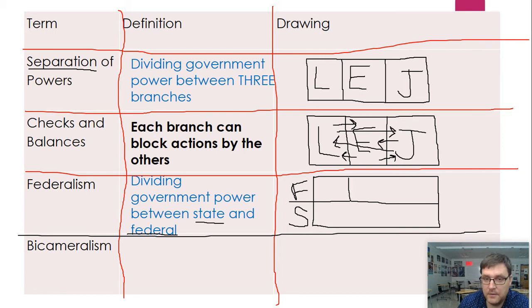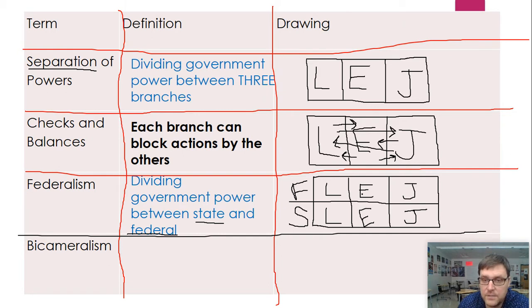And if we wanted to make it even more complicated, we could do this. There's a legislature at the national level, Congress, but the states have their own legislatures, like the Ohio General Assembly. The federal government has their own executive, the president, but each state has their own executive, the governor. There's a national Supreme Court, and there's a state Supreme Court of Ohio or other states.